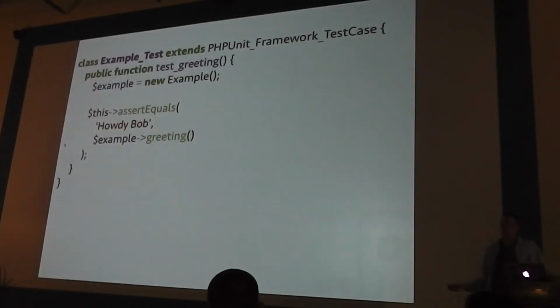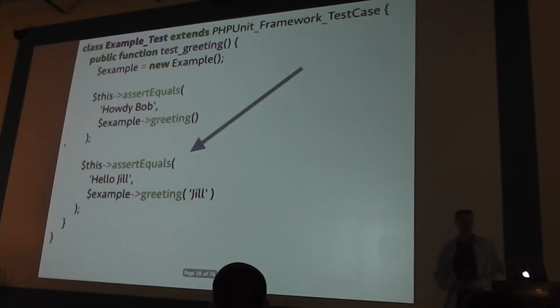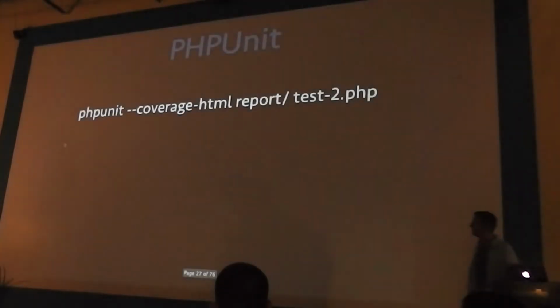So we've got 5 out of 8, which was 62%. We can do better than that. We can add another option that tests a different set of conditions in our code. So we're going to tell it, I want the green integer Jill, which in this case we happen to know is going to be hello, so that test is going to succeed.